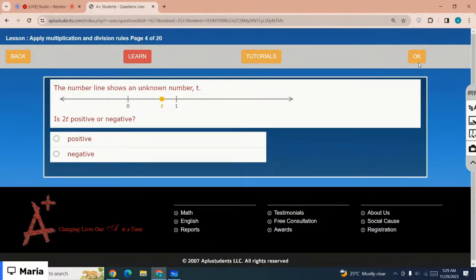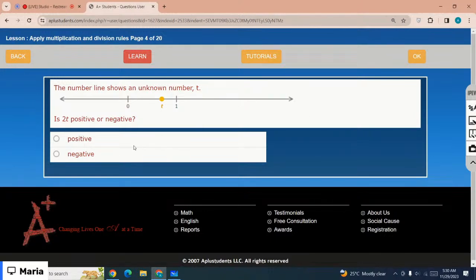The number line shows an unknown number t. Is 2t positive or negative? Negative?